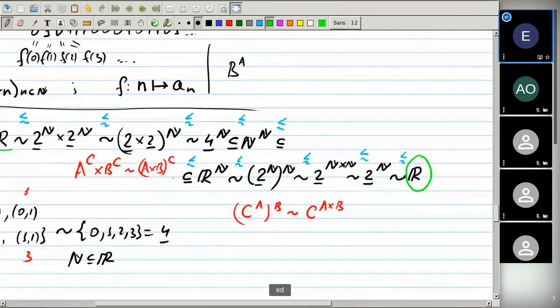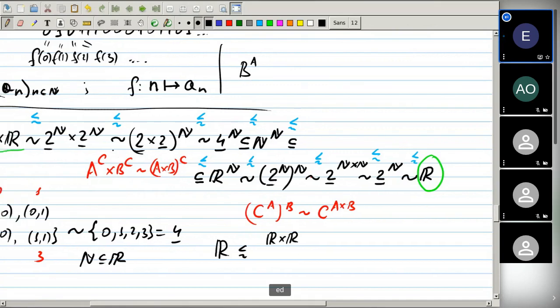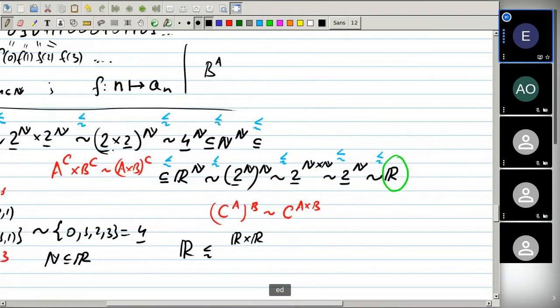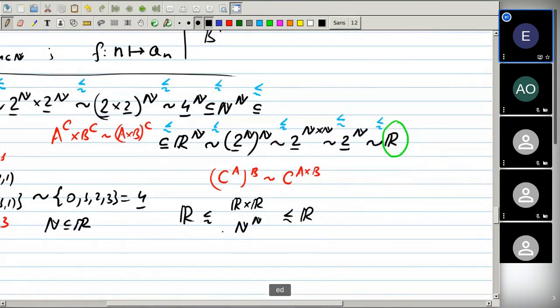So what do we have? We have that the set of all reals is embeddable into the set reals times reals, and this one is embeddable into R. And the same for the set n to the power n, the set of all functions from naturals to naturals. The same for R to the power n, the set of all functions from naturals to reals.